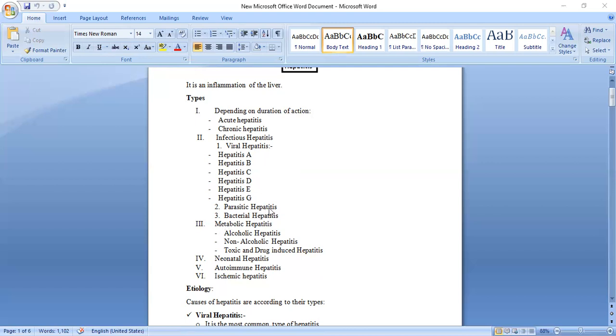Second is parasitic hepatitis. Third is bacterial hepatitis. So in this second type, infectious hepatitis, there are three subtypes: viral, parasitic, and bacterial hepatitis. Now the third one is metabolic hepatitis.